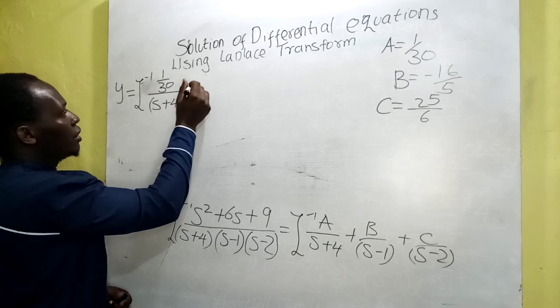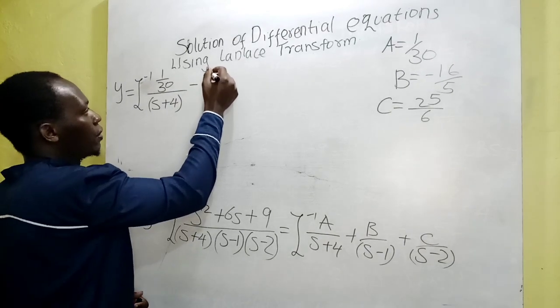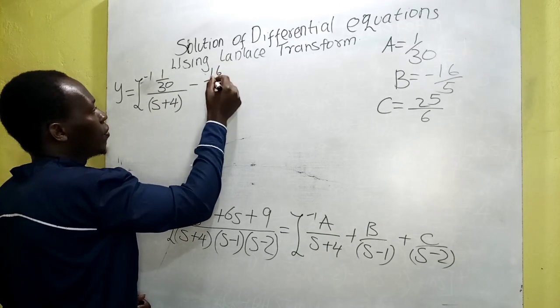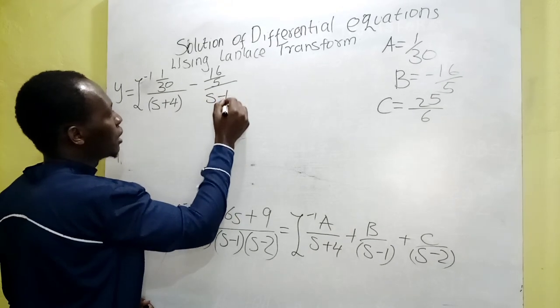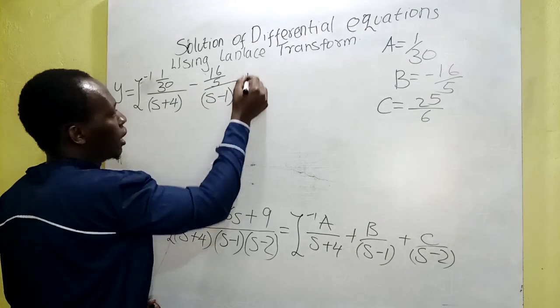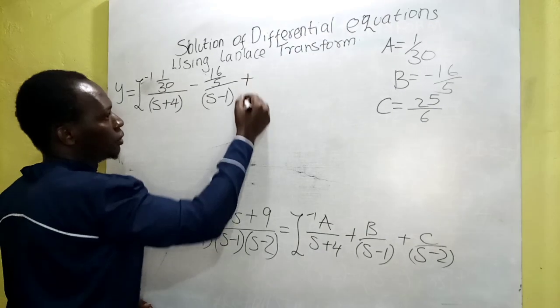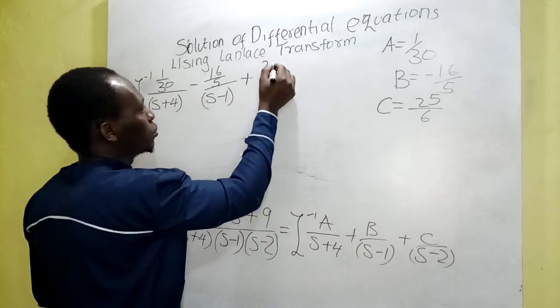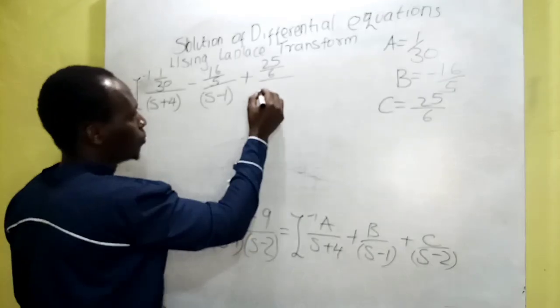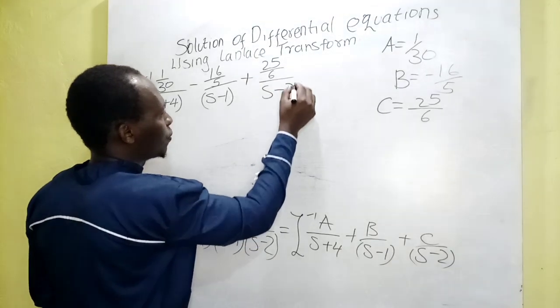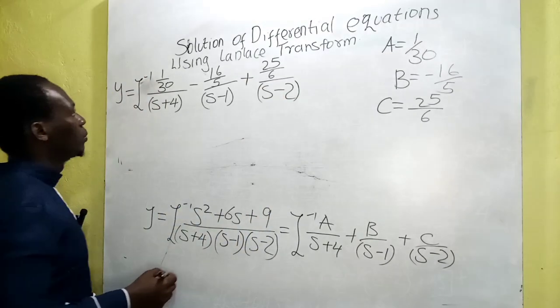The value of b is equal to a negative of 16 all over 5, and everything is going to be all over s subtract 1. I come and add 2. The value of c is equal to 25 all over 6, everything all over s subtract 2.